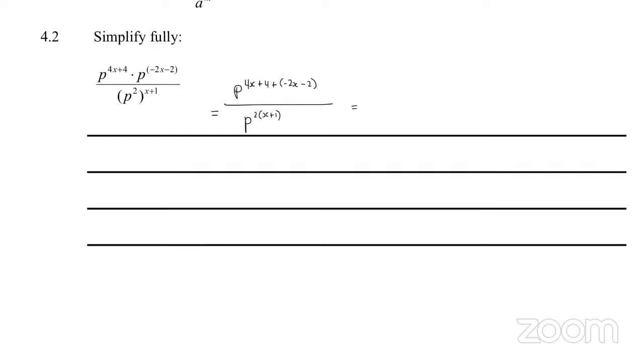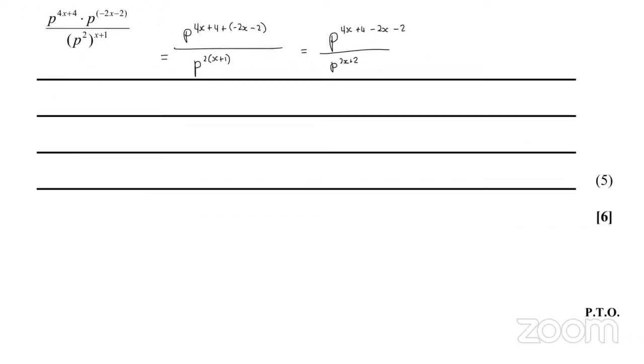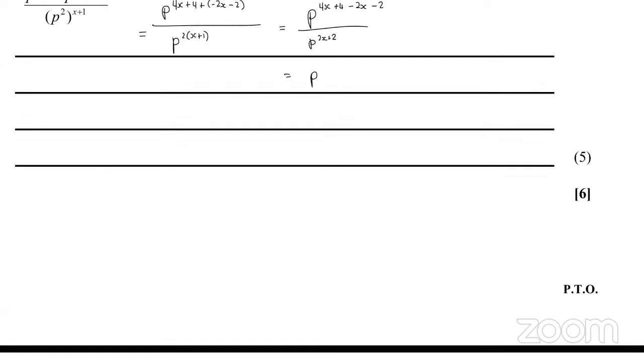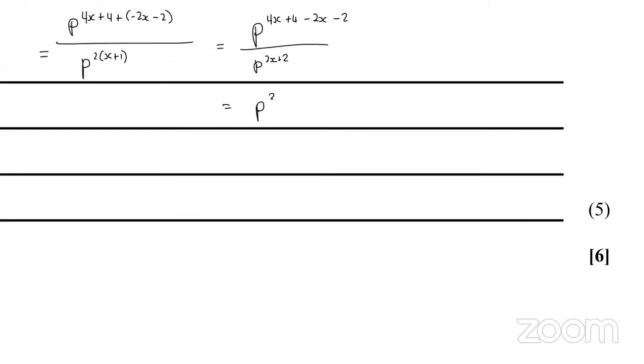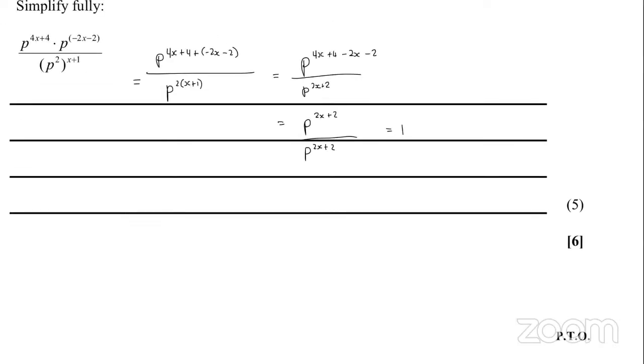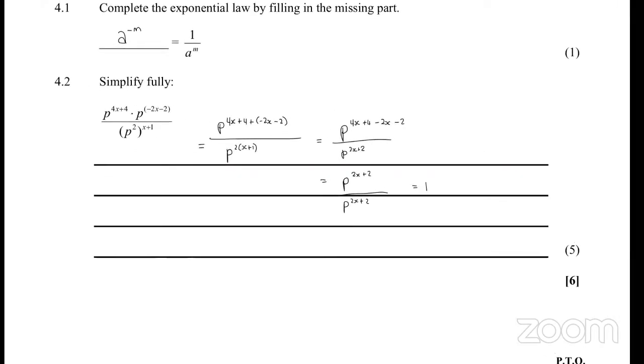This is equal to p to the power of 4x plus 4 minus 2x minus 2, divided by p to the power of 2x plus 2. This is going to be p to the power of 2x plus 2 divided by p to the power of 2x plus 2, which is equal to 1. I'll just give the answer. You can practice it and see if you get that, but next week I'll do it properly and explain it step by step.